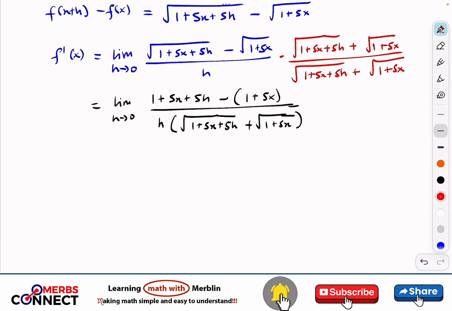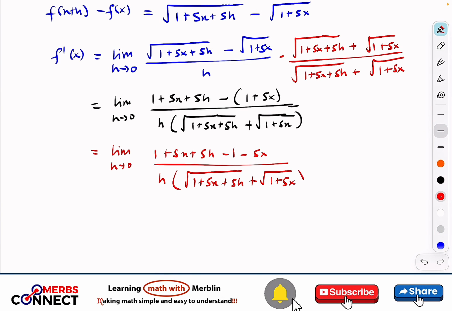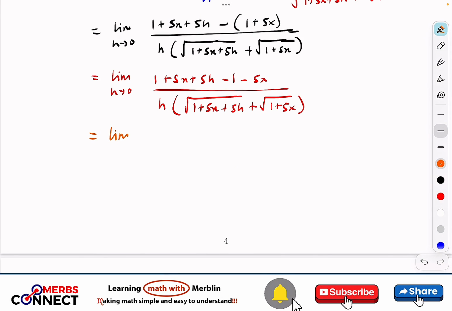So let's try and simplify this. Limit h is approaching 0, then 1 plus 5x plus 5h minus 1 minus 5x, divided by h times square root of 1 plus 5x plus 5h plus square root of 1 plus 5x. Now this will cancel that and this will cancel this.